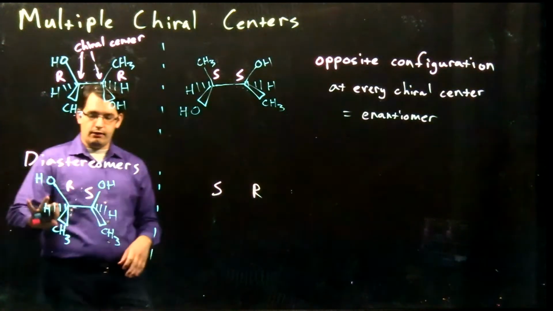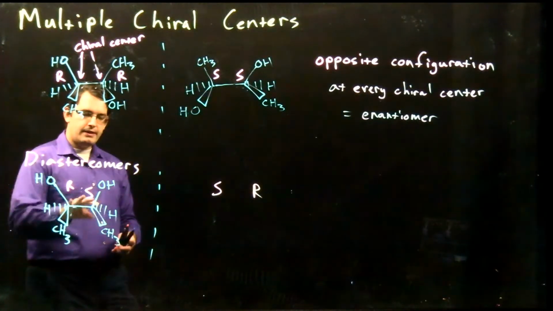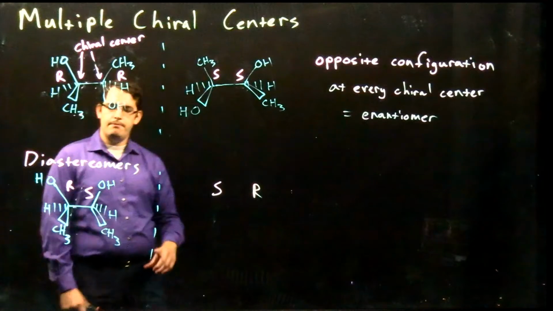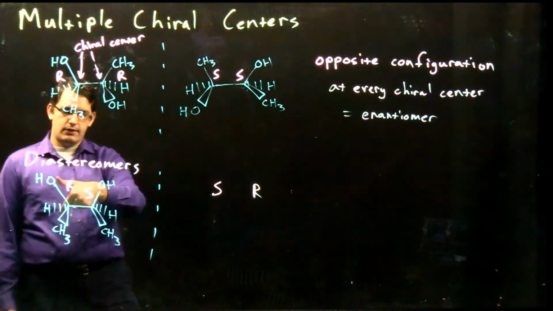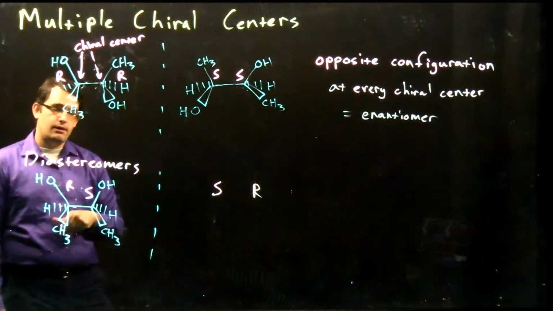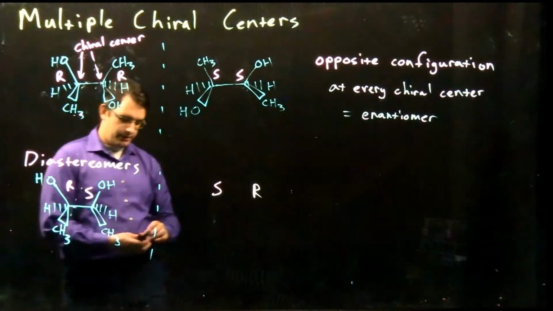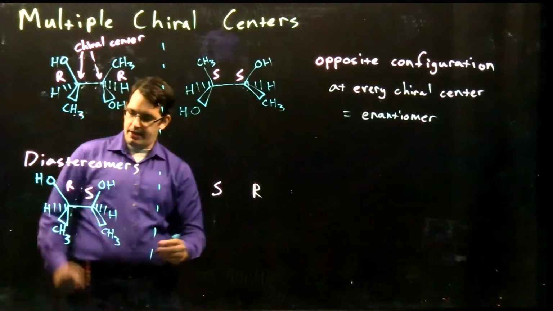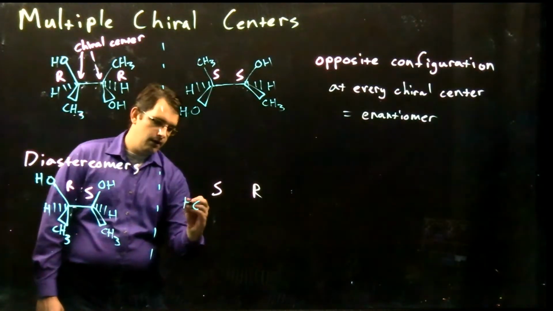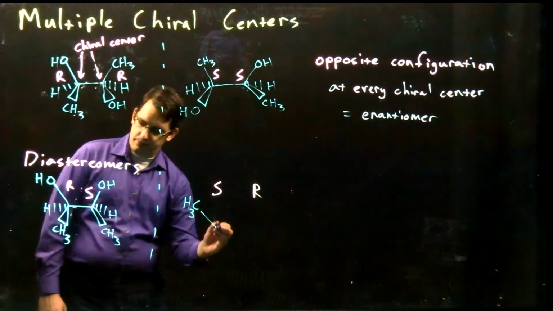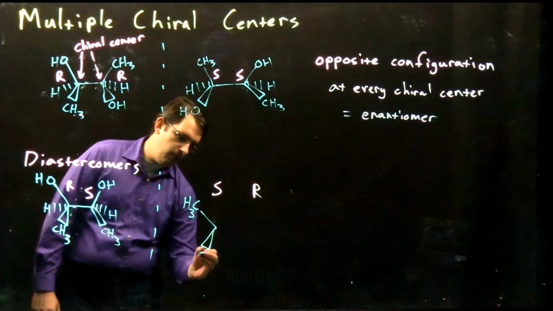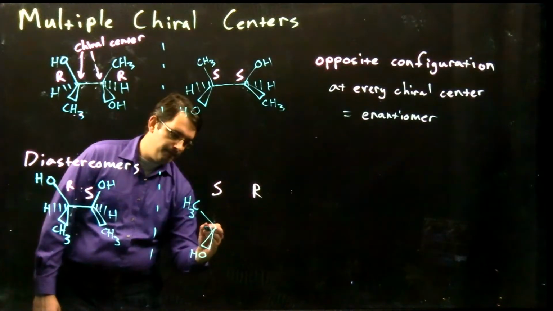Now here we can use a little quick shortcut. Anytime we're switching our configuration, we can just take our structure and switch any two groups in order to change that configuration. So in order to switch that from R to S, I'm going to replace the oxygen with my carbon and replace the carbon with my oxygen.